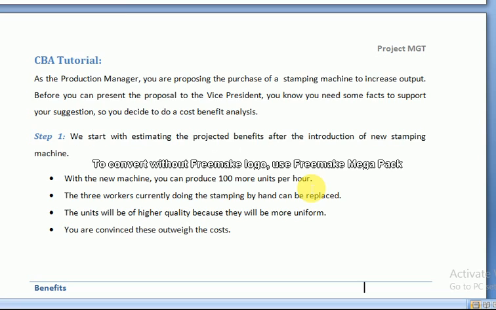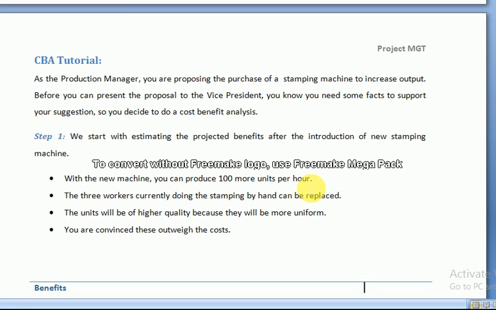Currently that work is being done by 3 laborers, so the 3 workers will be replaced. Those 3 workers are not working for free. We are paying an amount to them, so that is the money we will save.